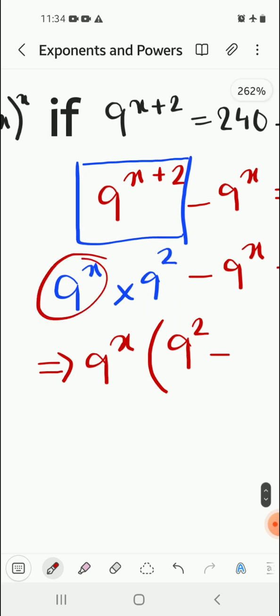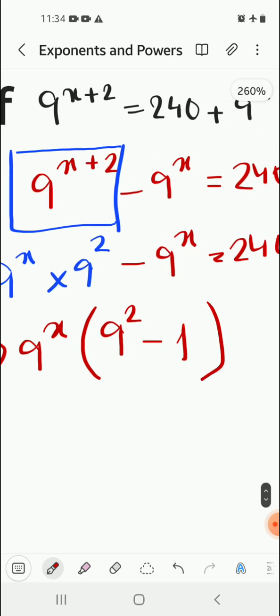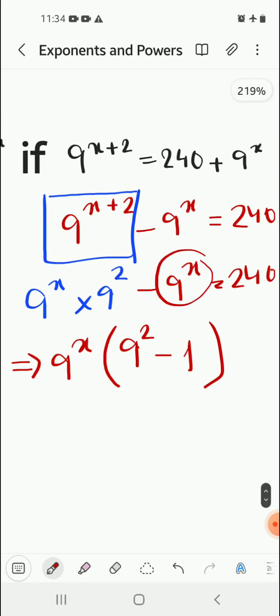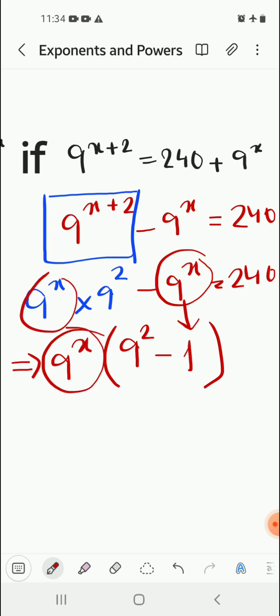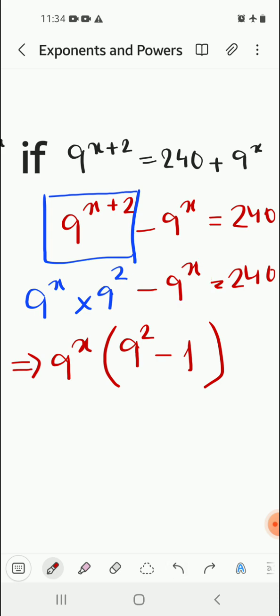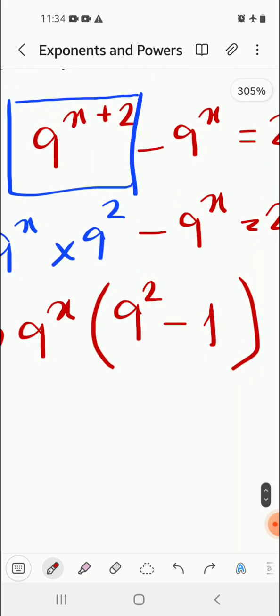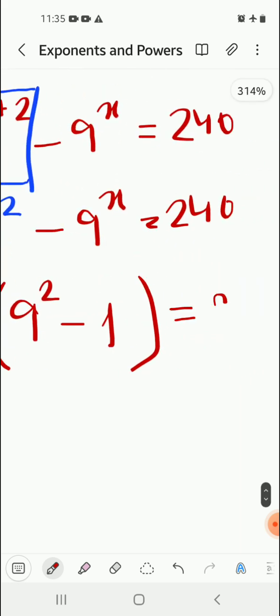If you multiply this with this, it will be 1, because 1 into 9 to the power x is 9 to the power x. So instead of this, we are writing 1 because we are taking 9 to the power x as common for both. Basically, we need to take things in common. Instead of writing one thing two times, we are taking it as 1. Now it is equal to 240.